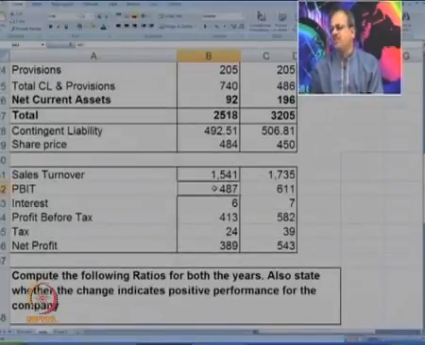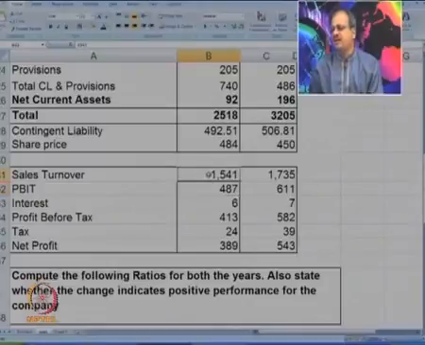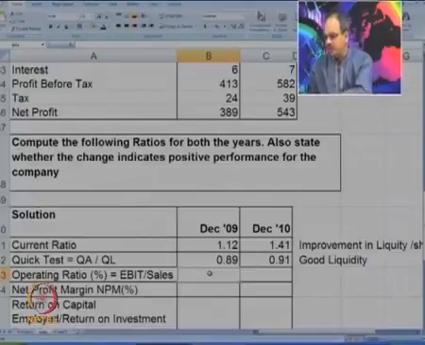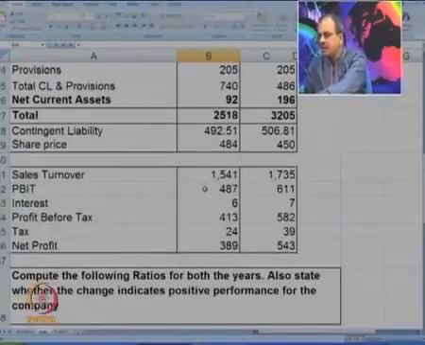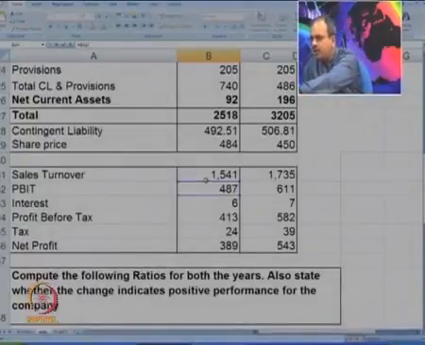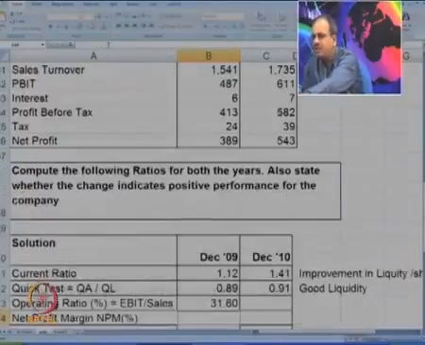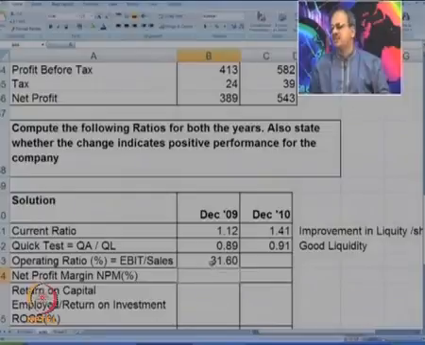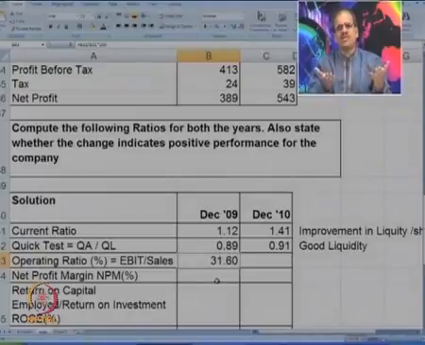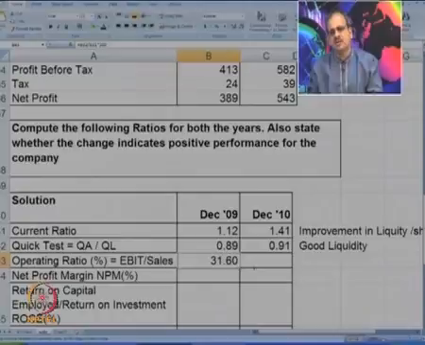So, we see that PBIT is 487 and sales turnover is 1541. So, we will divide PBIT upon sales and generally we multiply it by 100 because we want it in percentage terms. So, we get 31.6. So, what does it show? It is a good position, the company is earning a good amount of profit on its revenues.